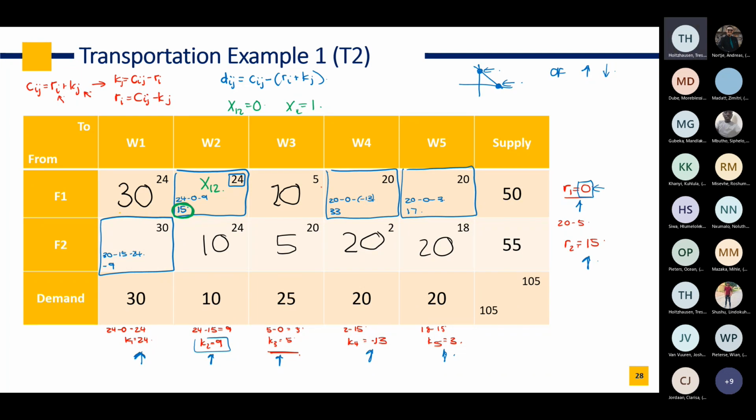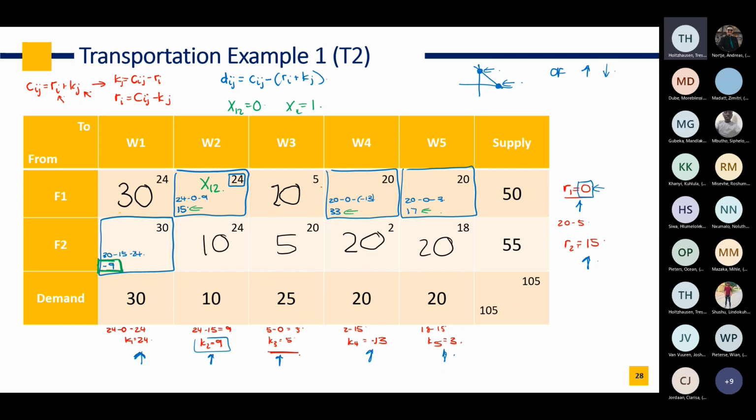Obviously, if we're doing a minimization problem, we do not want to increase our objective function, which is why we're going to look at only the differences that are negative. So obviously this one is not, that one's not, and that one's not. The only one that's negative in this situation is this minus 9.